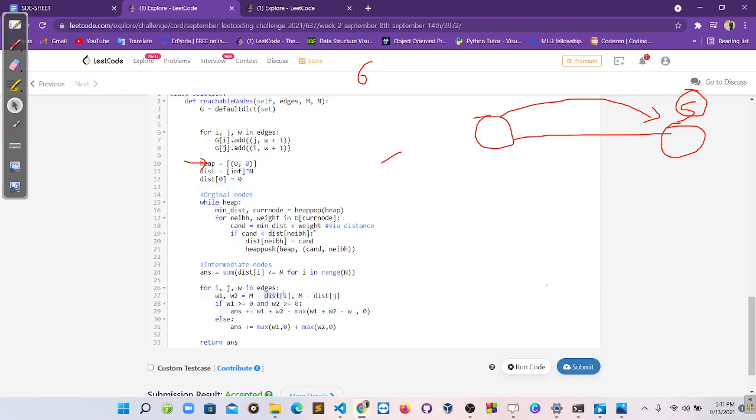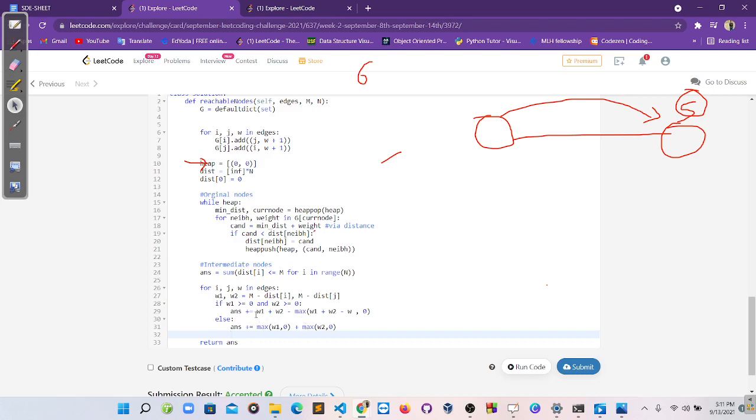Let's suppose we have a distance of 2 for the above example and we have 6 moves. So the remaining moves is 6 minus 2, which is 4. And if there is some remaining stuff, we have to increment our answer. How can we increment?